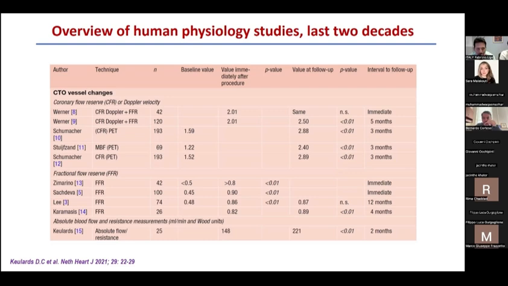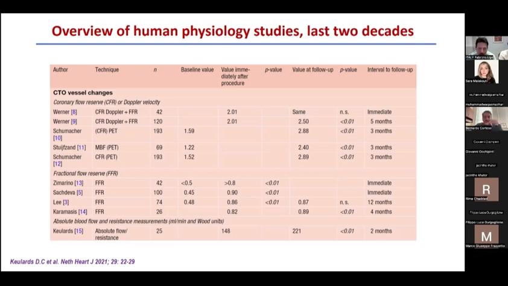But when we arrive at more recent trials that involve only the FFR, which we use normally in our cath lab today, we find a dramatic increase of the FFR in the occluded vessel, but it is normal that we have a doubling of the occluded vessel FFR after reopening the CTO.